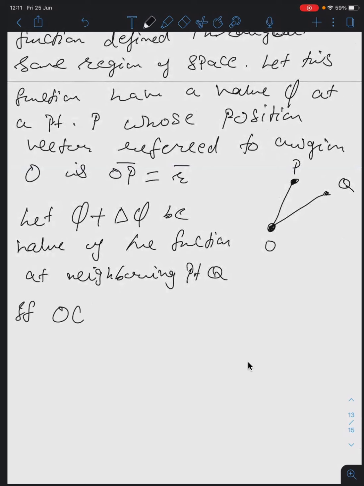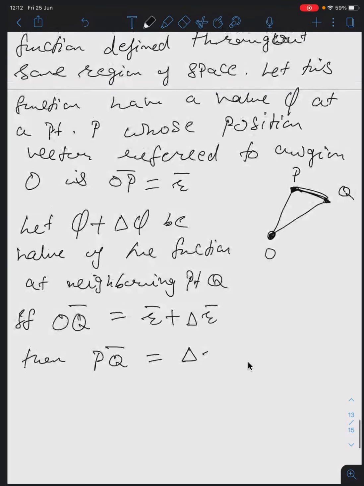OQ bar is equal to R plus del R, some change is there, is it or not? Now tell me, what should be my PQ bar? OP bar is R bar, OQ bar is R plus del R, so PQ bar will be minus R plus R plus del R, that is delta R bar.